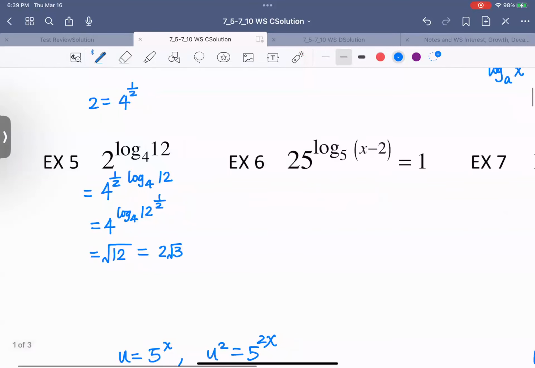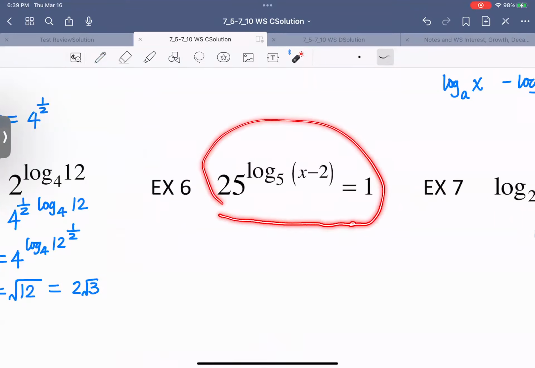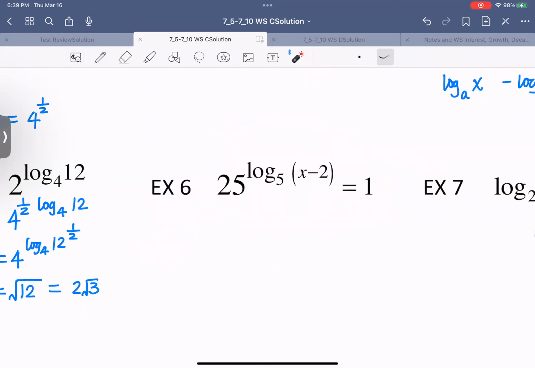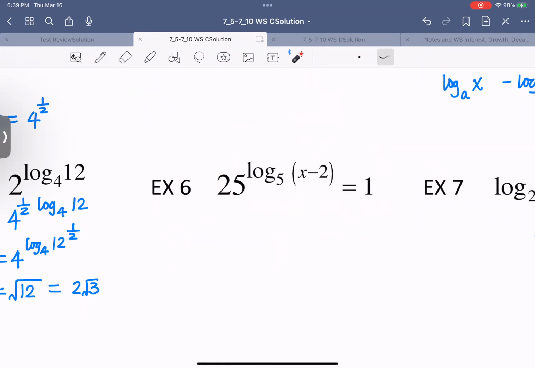Valeria, let's do example 6. Go ahead, please. So 25 is 5 squared. This is 1. 1 is a special number.